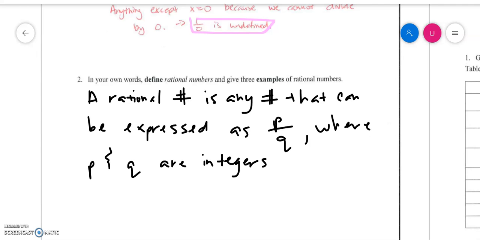And since this is a fraction, we know that q cannot equal 0. We cannot have zeros as the denominator.